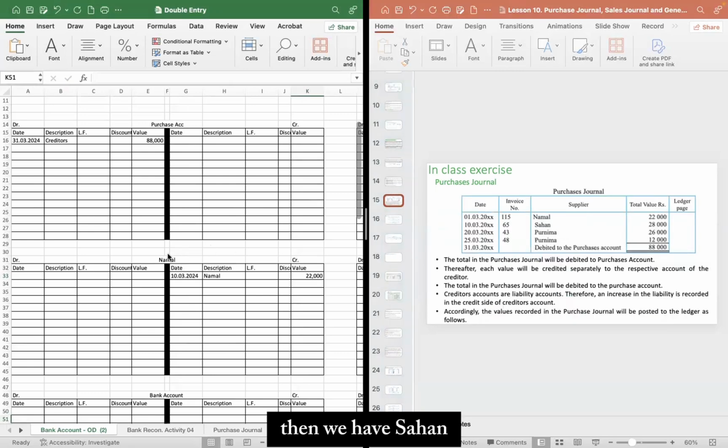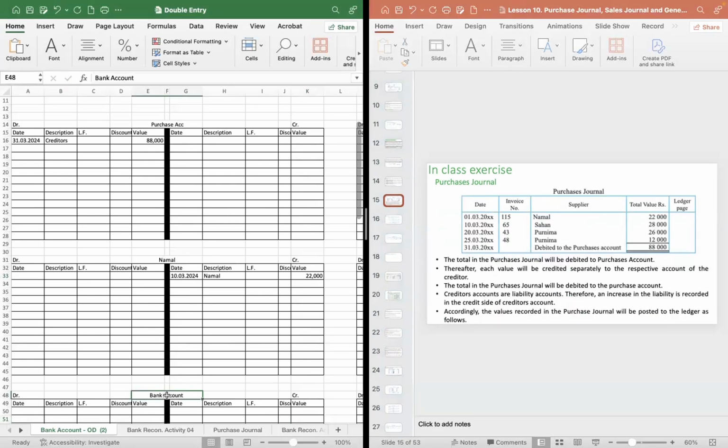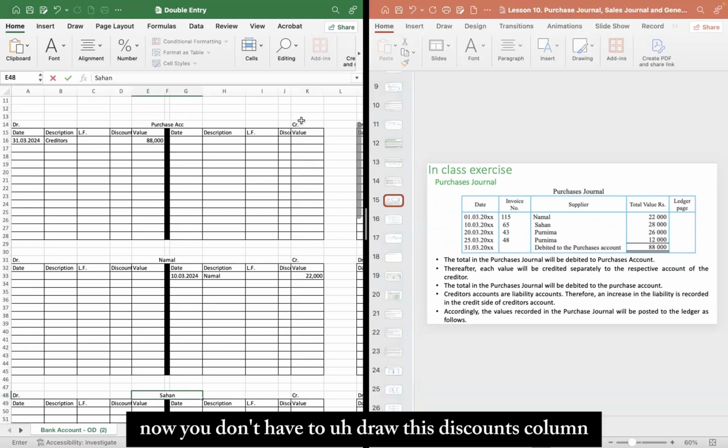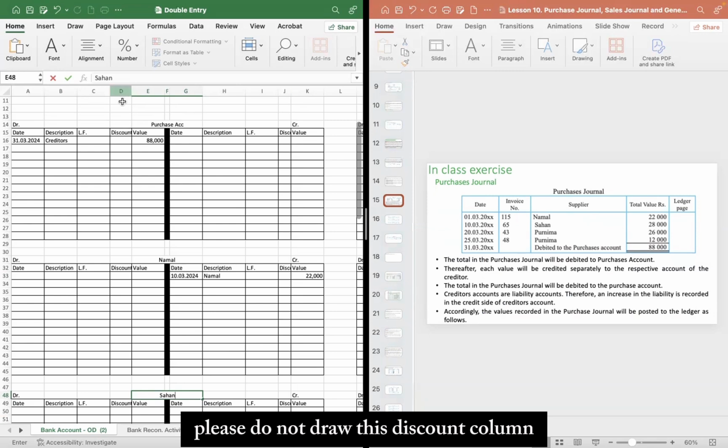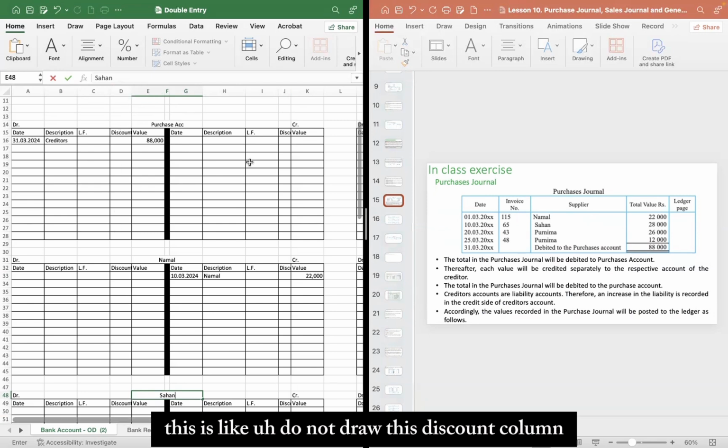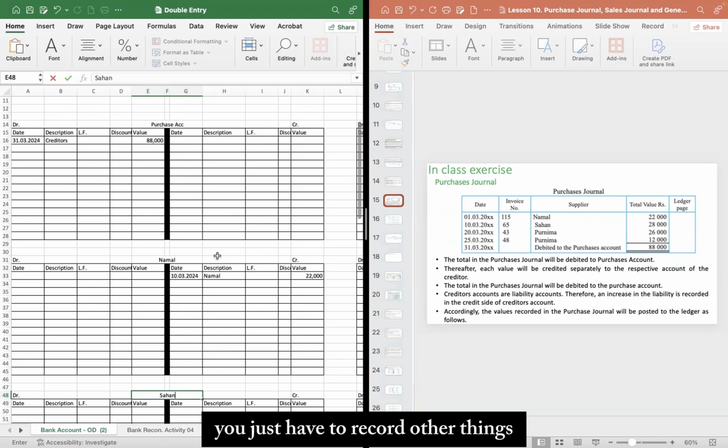Now you don't have to draw this discounts column, okay? Please do not draw this discounts column. You just have to record the other things.